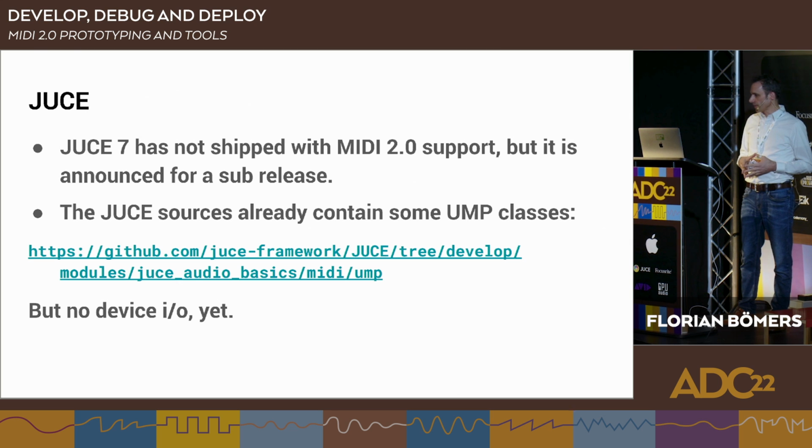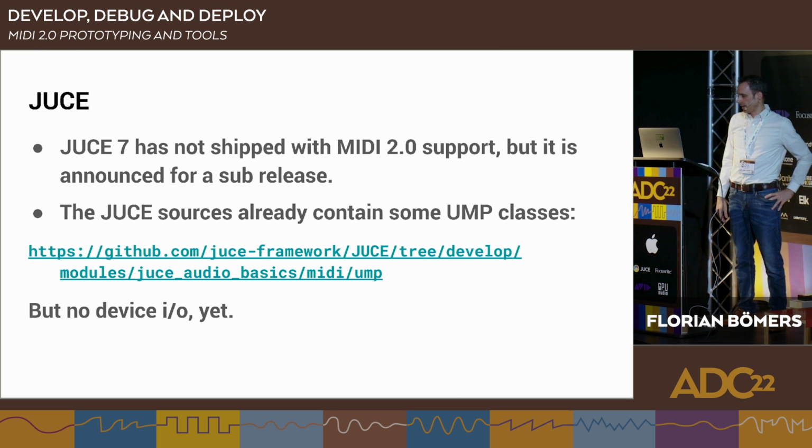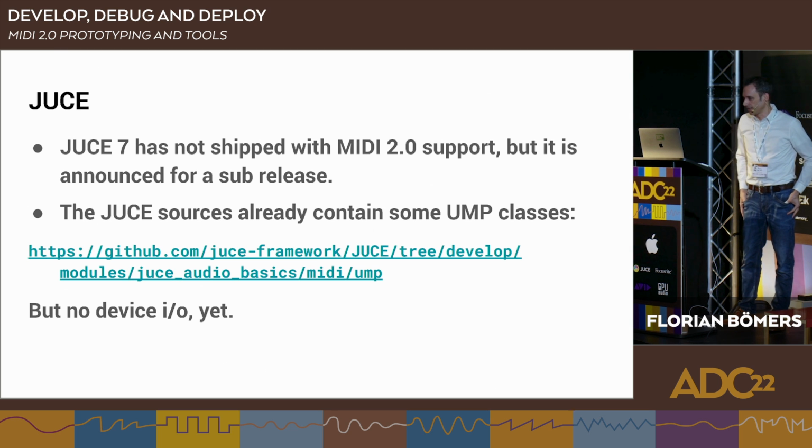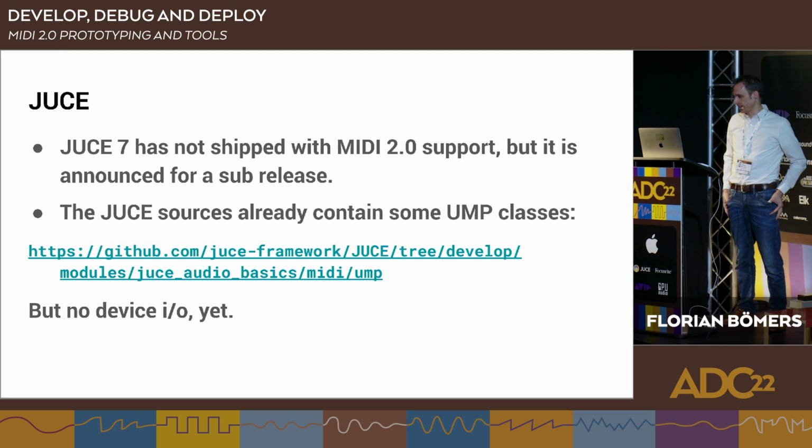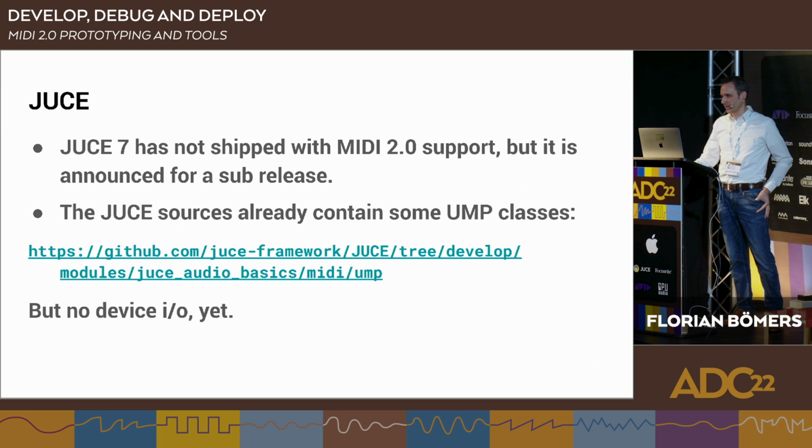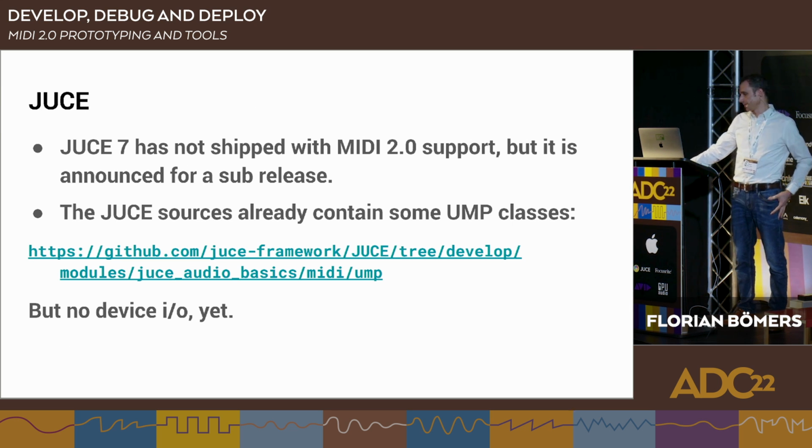So there is some preliminary UMP API and implementation available in Juice, but it's sort of unofficial. You can see it in the workspace, but it's not open, and there's no device I/O.